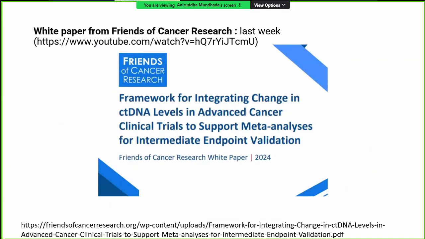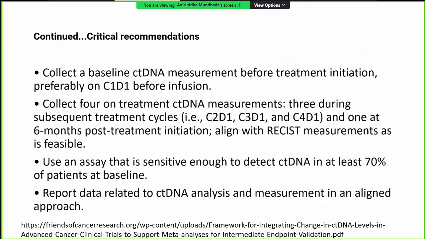This was a white paper from Friends of Cancer Research in Philadelphia last week, and they've laid out a framework for making ctDNA and liquid biopsy much more prevalent and mainstream. This was the critical recommendation they suggested: collecting a baseline ctDNA measurement before treatment and comparing it to after treatment, usually on cycle one day one or the third cycle of treatment.